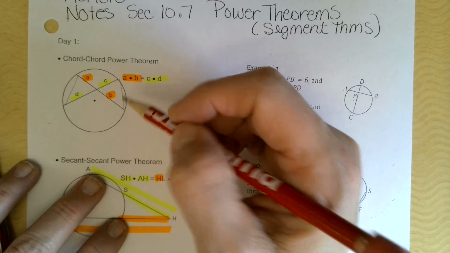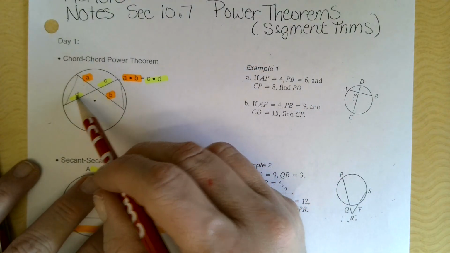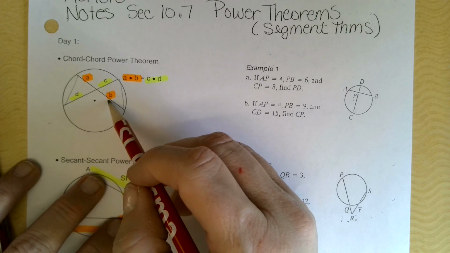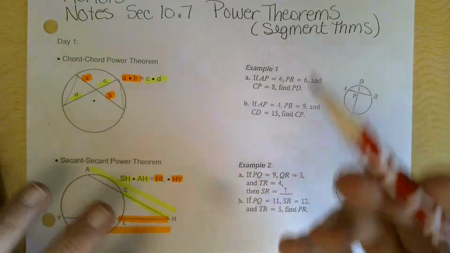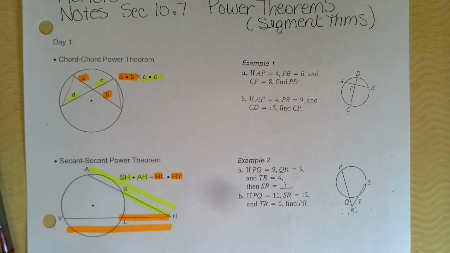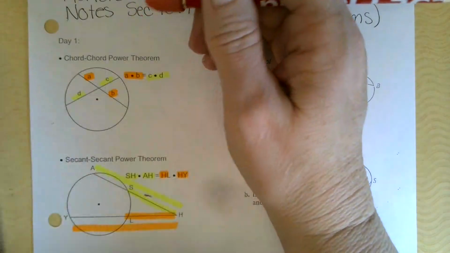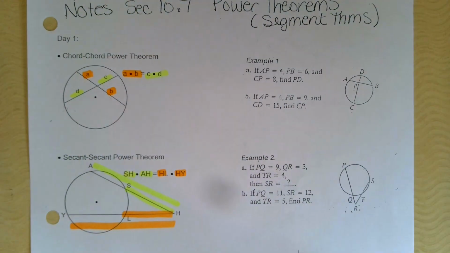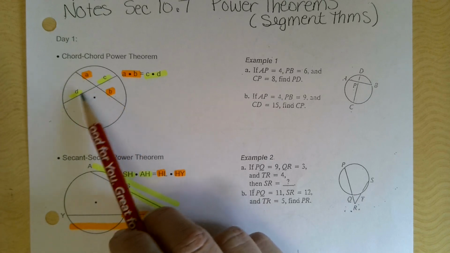And in similar triangles, we can make ratios where this piece over this piece equals this piece over this piece. Well, if we cross multiplied, we would get this statement right here. So we skip the step about similar triangles, and we go straight to just memorizing the formula. So the formula is part times part equals part times part.